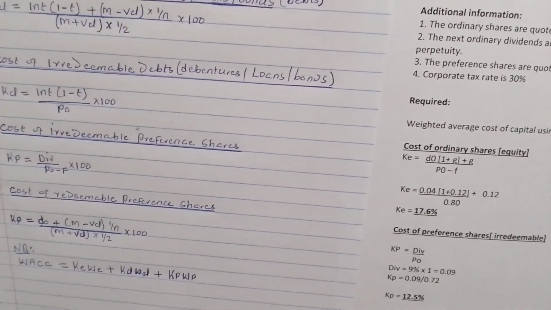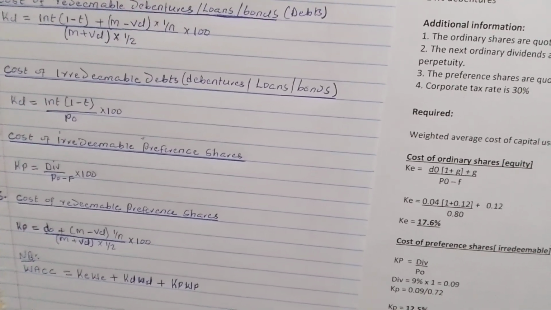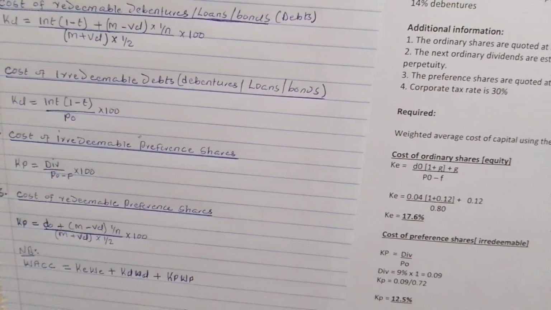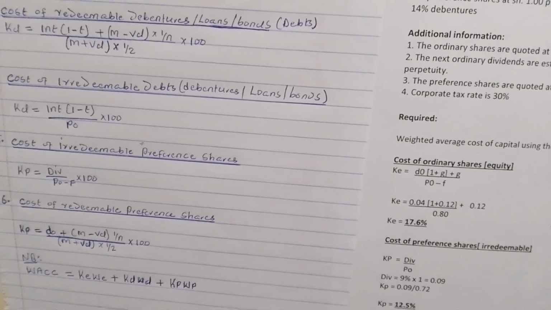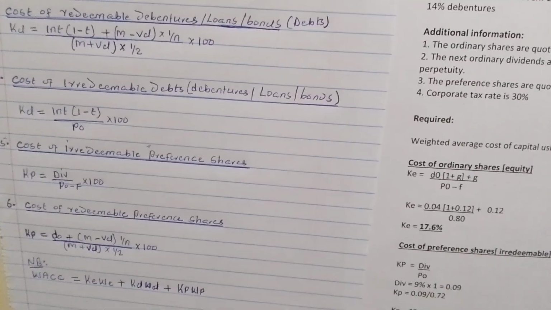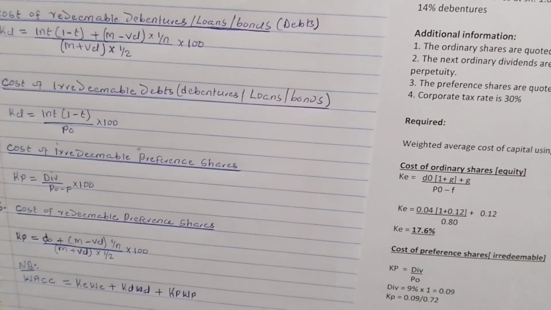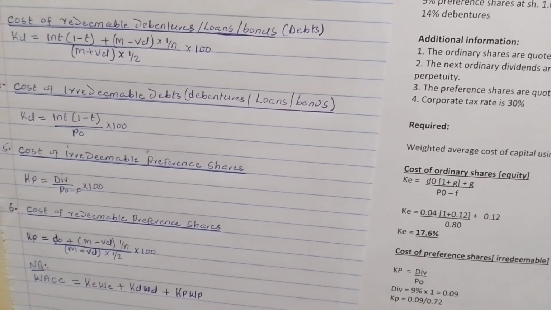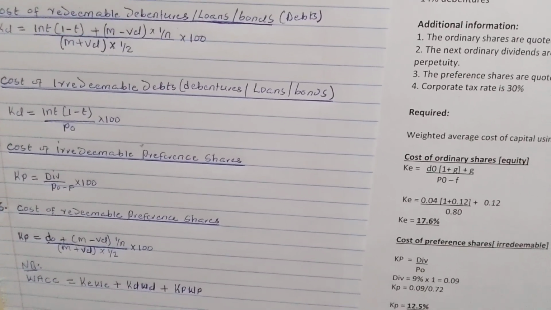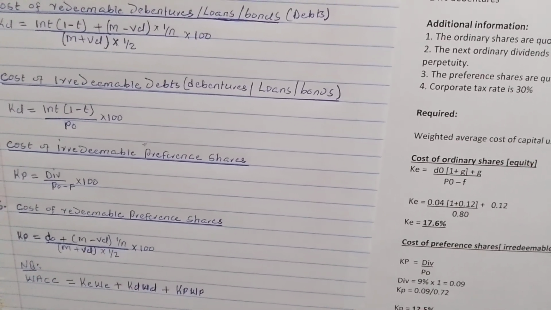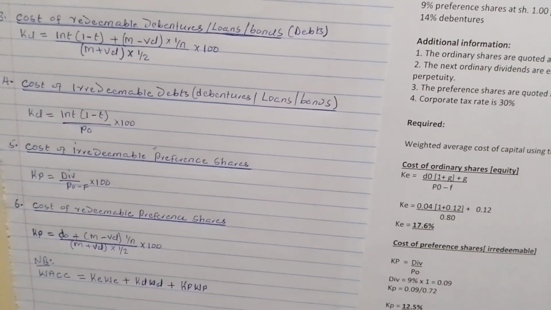But if you want to learn more about qualifying dividends, non-qualifying dividends, qualifying interest and non-qualifying interests, you can get on the taxation area. We also have done taxation in our YouTube account. You can still get more from that.